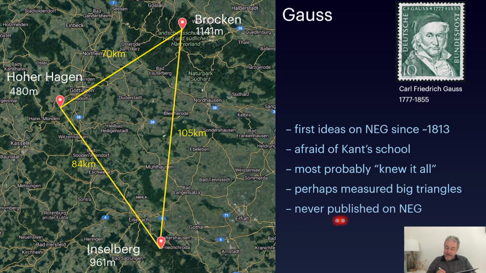And until his death, he never published anything on non-Euclidean geometry, so we only know about Gauss' investigations of non-Euclidean geometry from letters he wrote to other persons that only became public after Gauss' death.